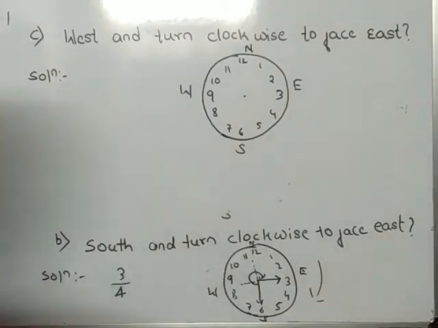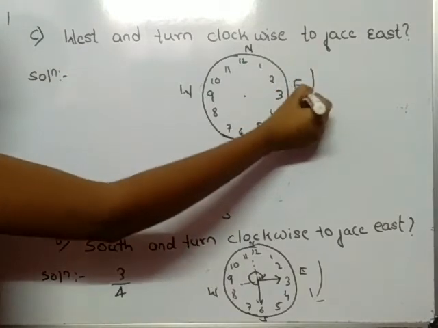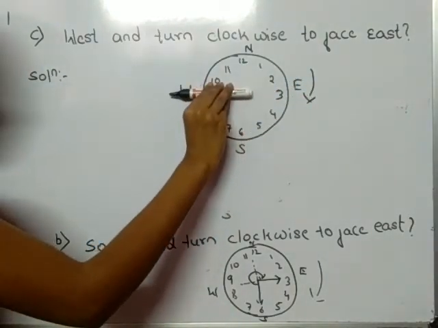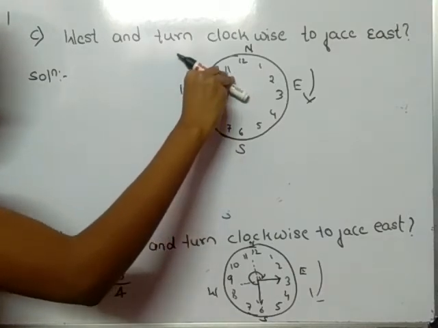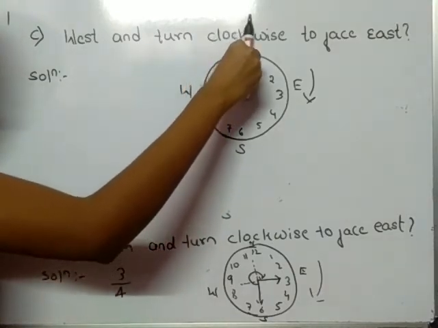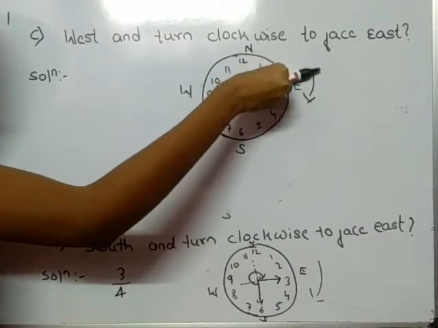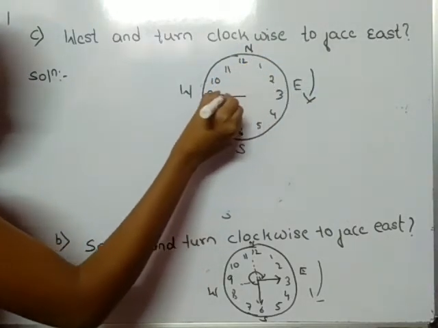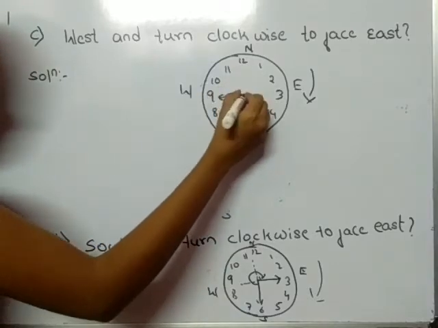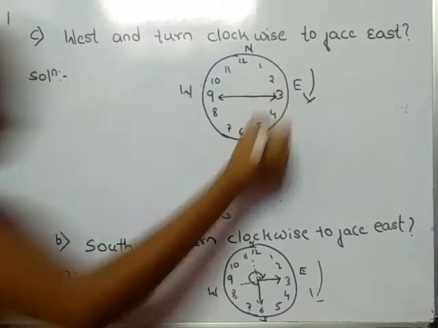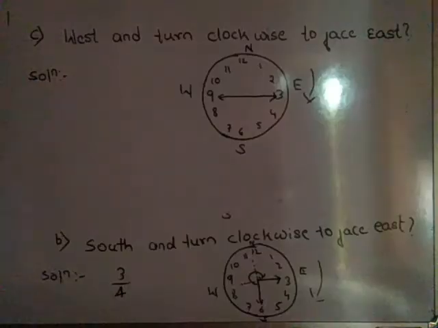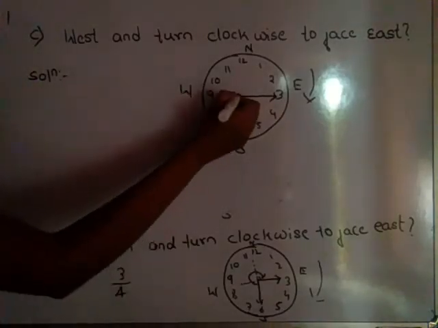C. Here he is turning in a clockwise direction from west to east, right? This is the west and he is turning in a clockwise direction and facing towards the east here, isn't it? We can see here it is forming now a straight angle, isn't it?